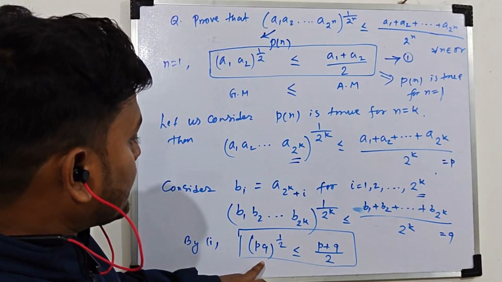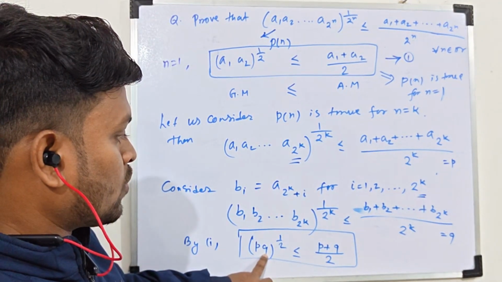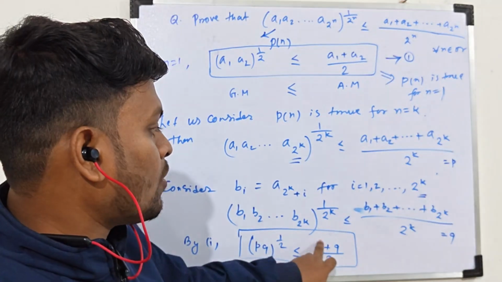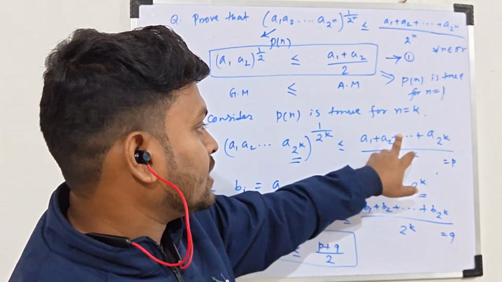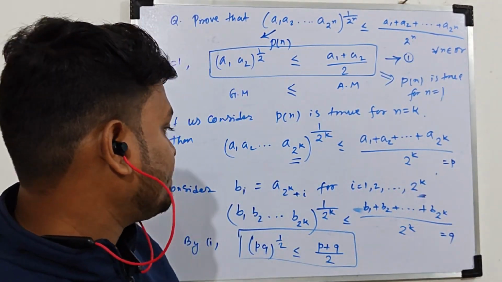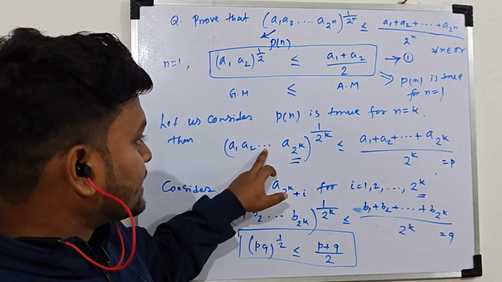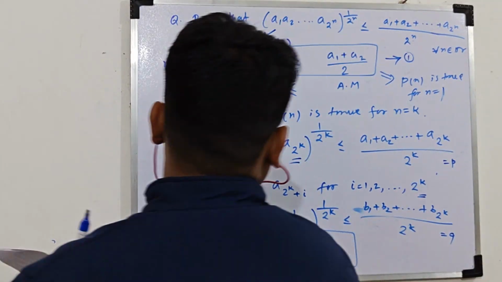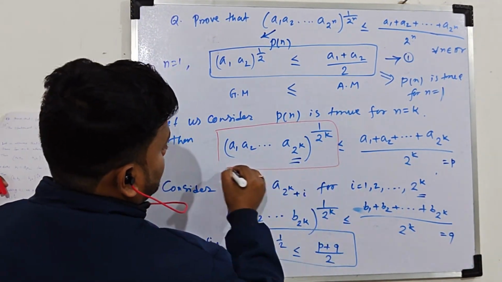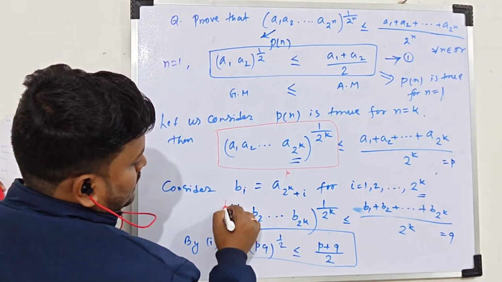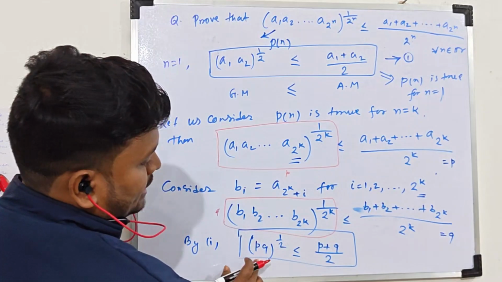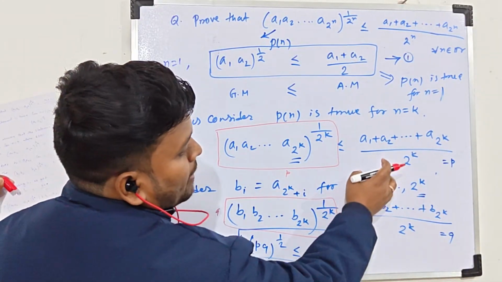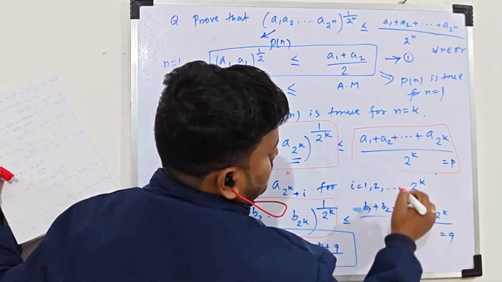Now put the values of p and q. As this is p and this is q, in the left hand side I will put p as this and q as this, and similarly in the right hand side I will put the values of p and q, this and this.